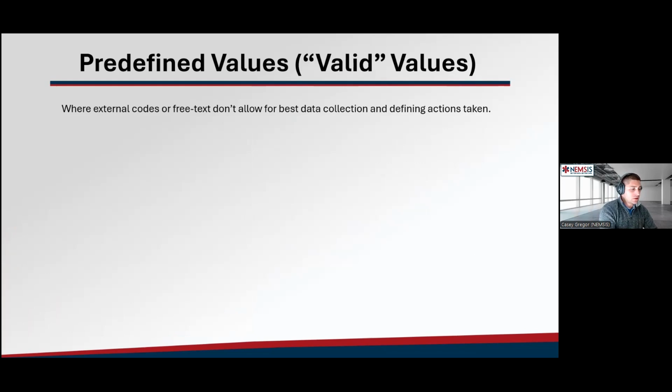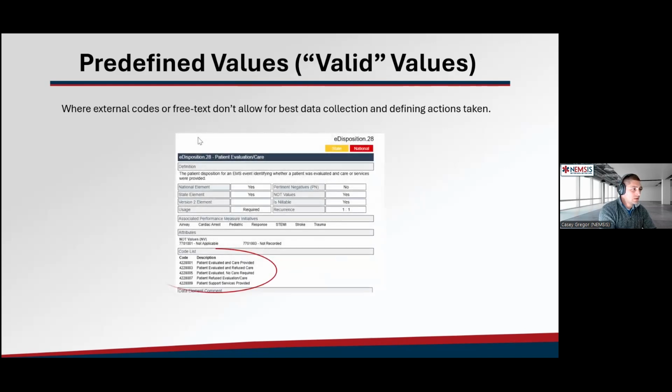Predefined values. These are where external codes or free text maybe don't allow for the best data collection or don't really define the situation very well. So a good example is our EDIS position 28, your patient evaluation and care, right? We want kind of specific values for this. So patient evaluated and care provided.